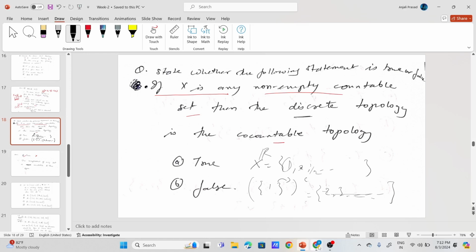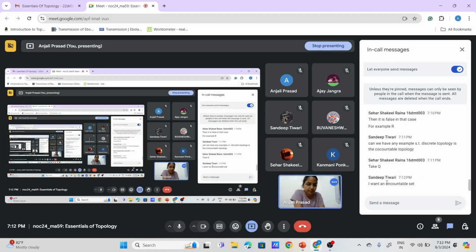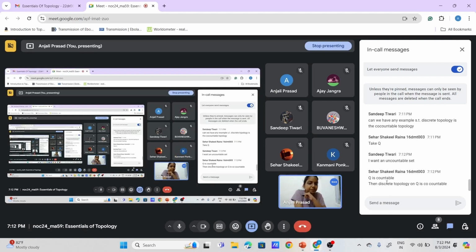Yeah, we are taking the rational numbers. Is it? We are saying that.